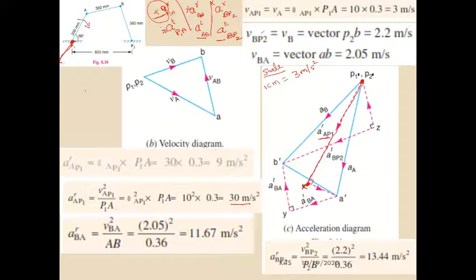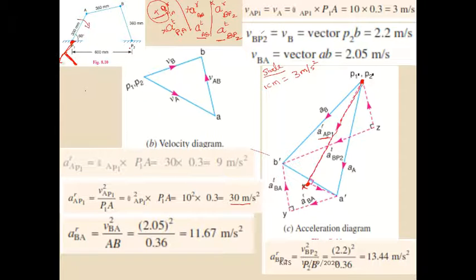Okay, the second line is the tangential line. The tangential line you have to draw perpendicular to the particular radial line, so I am drawing a perpendicular line.